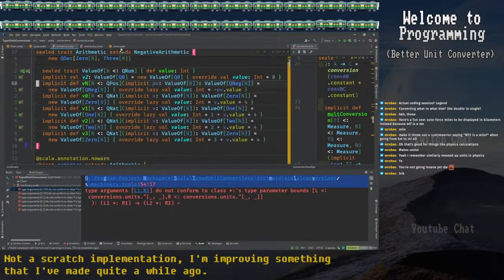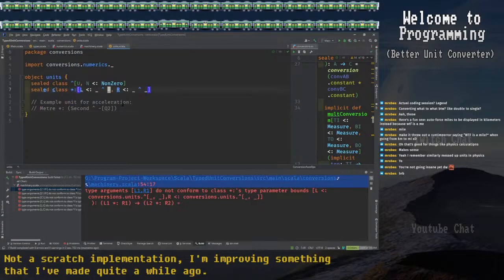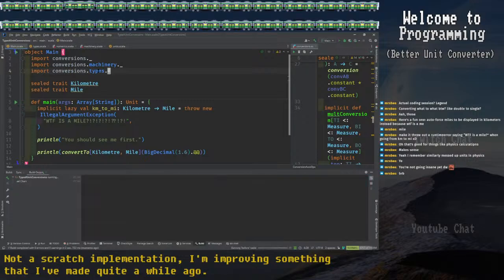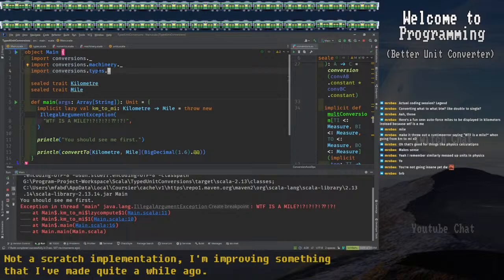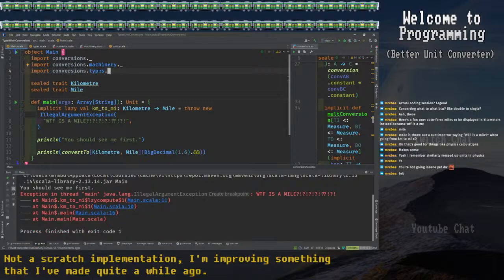Really? Did I forget to do something? I did! I forgot to remove this restriction. There it is.